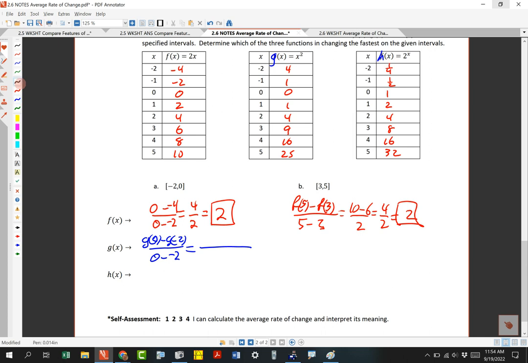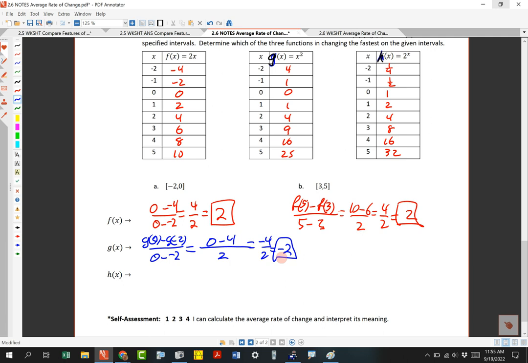Everybody catch that? This should have a g, and this should have an h. Okay, g of 0 is 0. g of negative 2 is 4. So this is going to be negative 4 over 2. So that's going to be negative 2. Right about that? Okay.